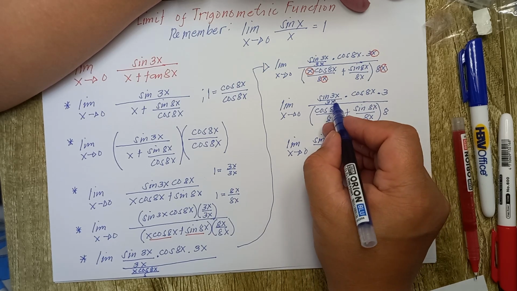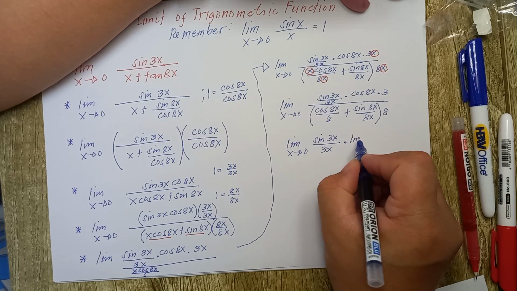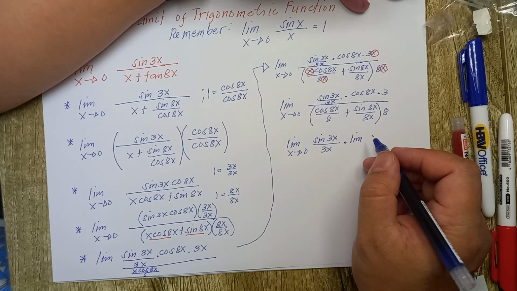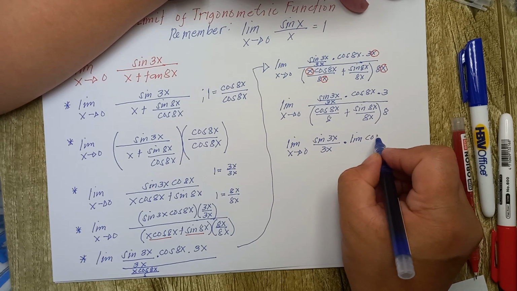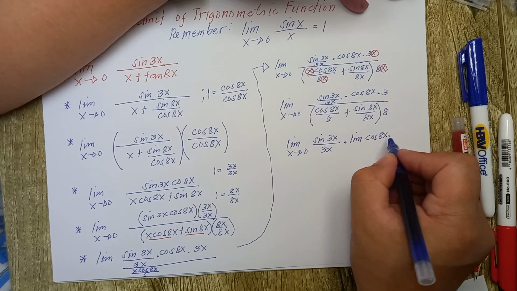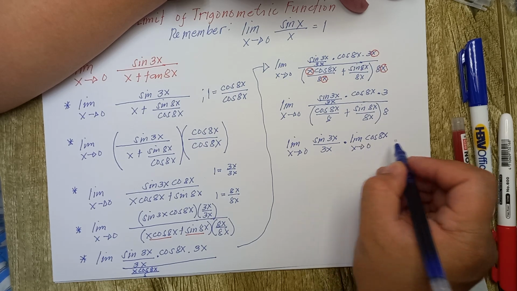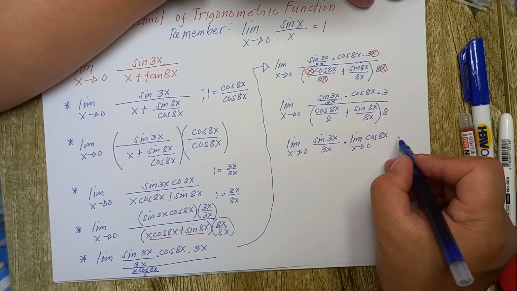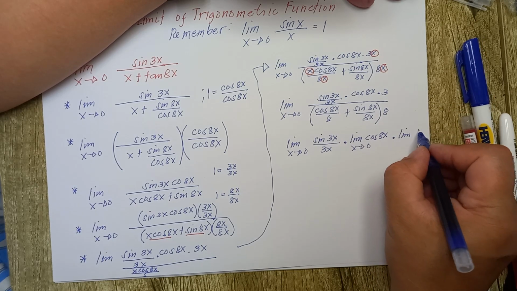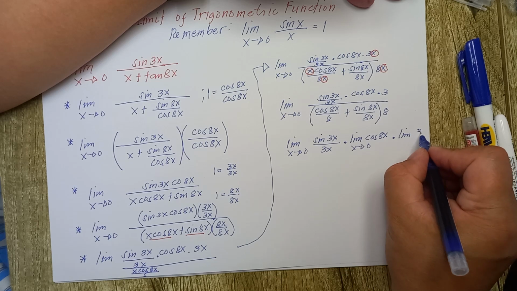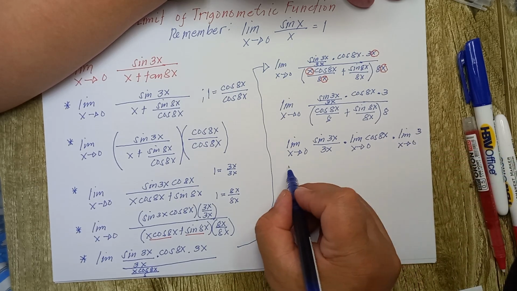How about in here? That is multiplied by the limit of cosine 8x as x is approaching 0. How about this one? That is the limit of 3 as x is approaching 0.